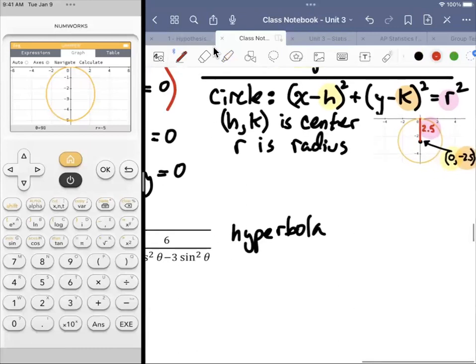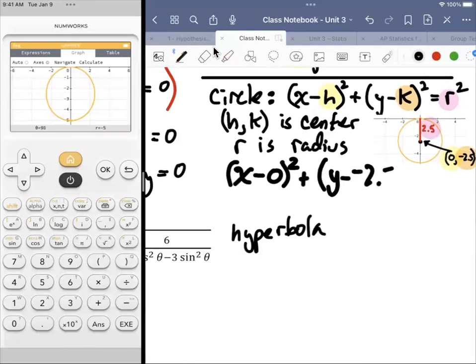All right. So I can now write this as x minus 0 squared, or just write x squared, plus y minus negative 2.5 squared is equal to 2.5 squared.